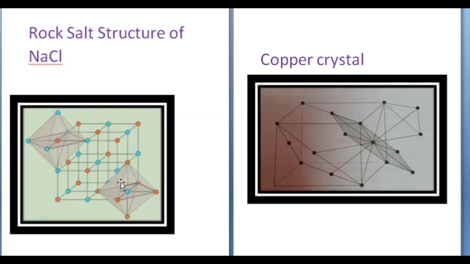They ask you in a sodium chloride structure, what is the coordination number of sodium, what is the coordination number of chloride, how many ions are present per unit cell of sodium, how many of chloride. So this should be clear to you. Coordination number for both is 6, and the ions present per unit cell are 4 each.